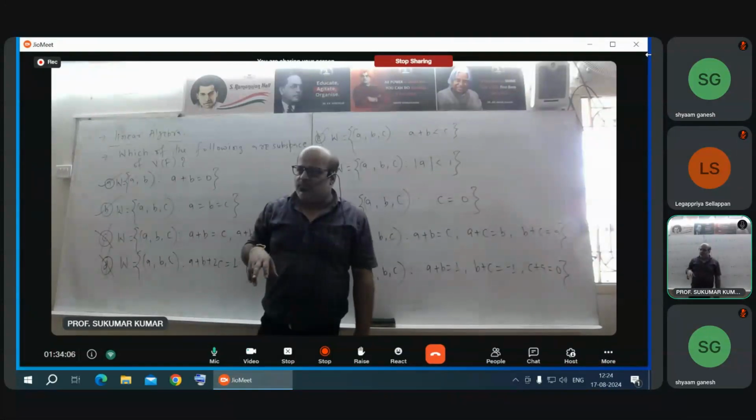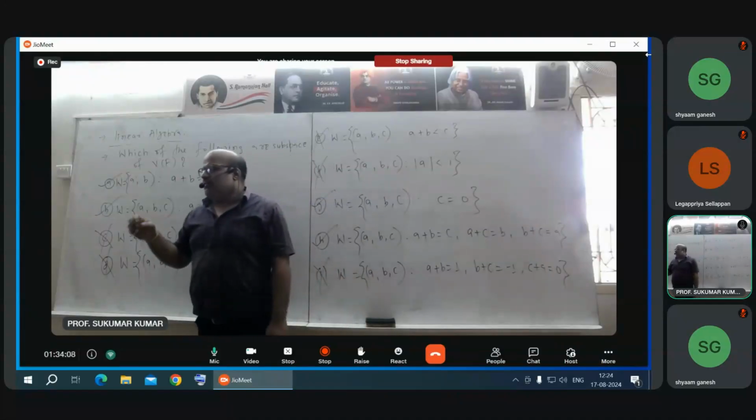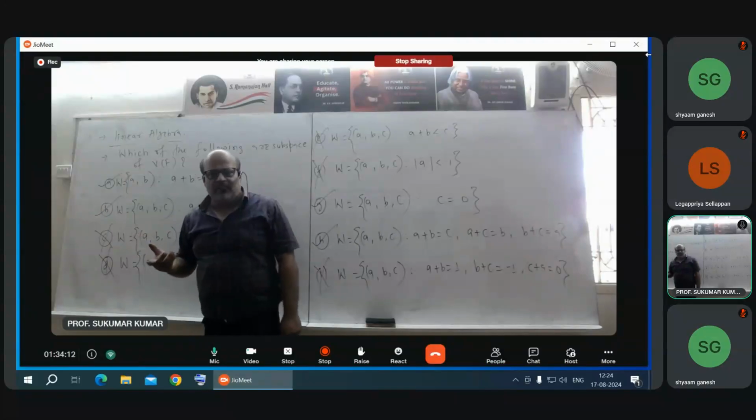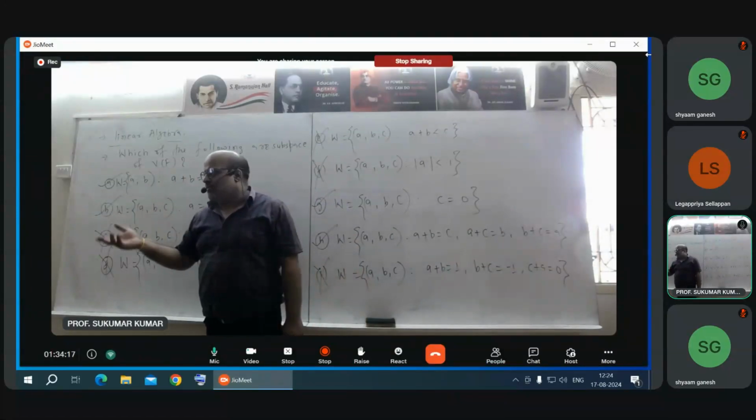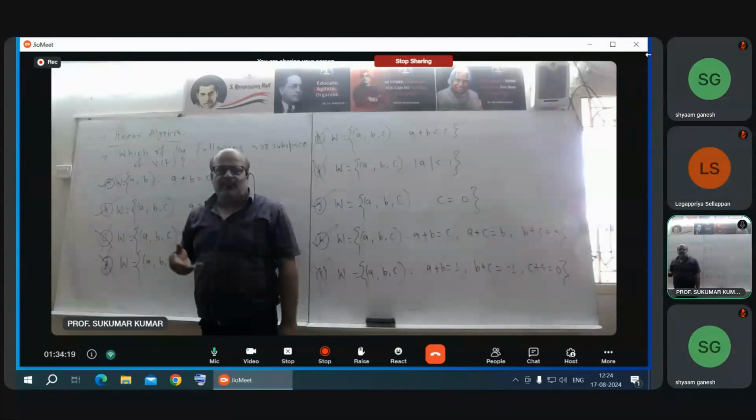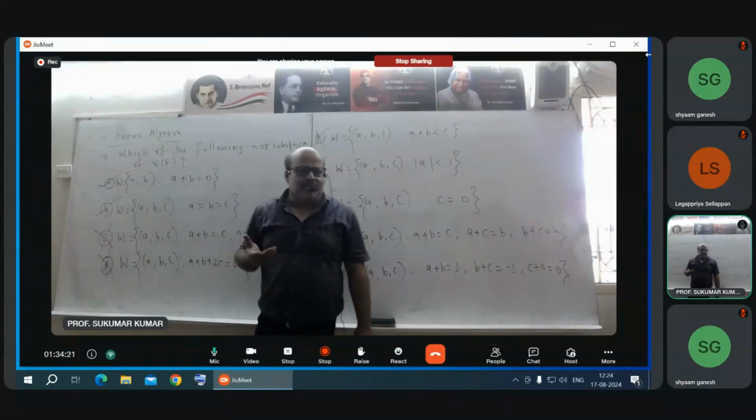Unique solution means 0, 0, 0, the zero solution, and infinite solutions means k times something like this. K is an arbitrary scalar, and here we write whatever field is there. If the field is R, k belongs to R; if the field is C, k belongs to C.